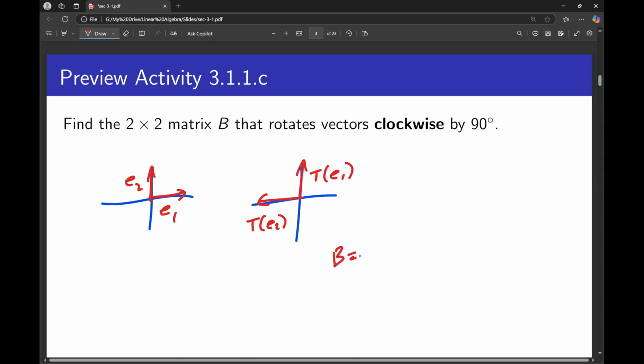So then B equals E1 got sent to positive E2. So then, silly Ryan. All right, clockwise.